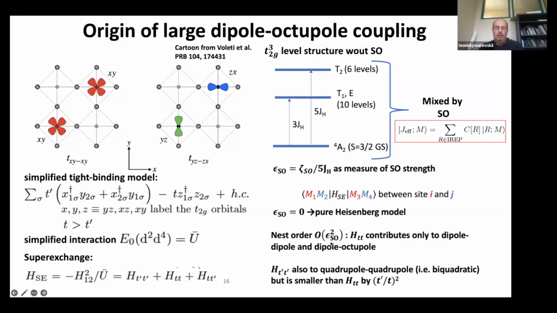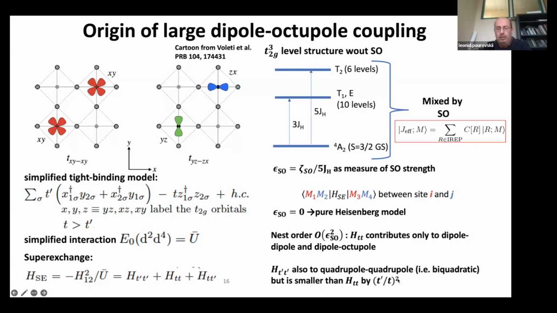And what one finds is that, of course, if spin orbit is 0, then one finds a pure Heisenberg model. And the next order is basically square in spin orbit coupling strength. So this kind of strong diagonal hopping contributes only to dipole-dipole and dipole-octupole.